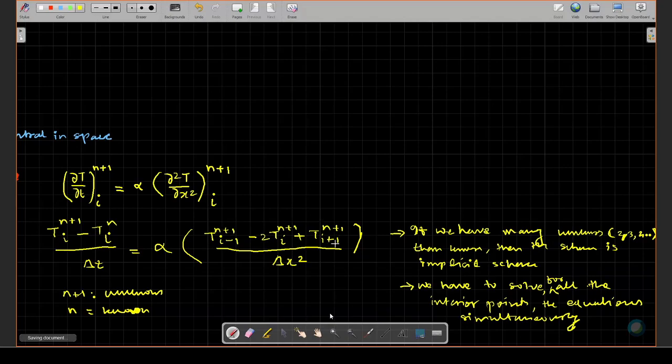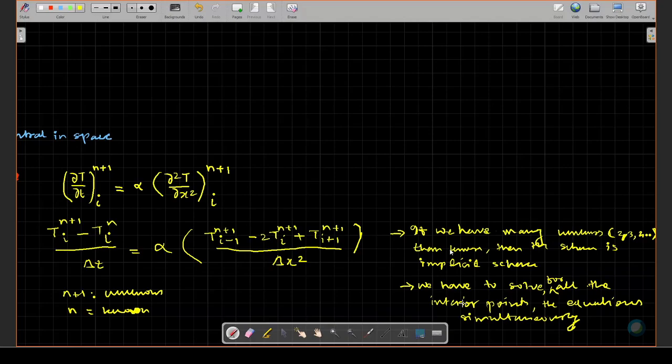So you have to find this also simultaneously at that time. So simultaneously we have to find the i minus 1 and i plus 1 values to get the n plus 1th level value. So we have to go for some sort of iterative procedure.